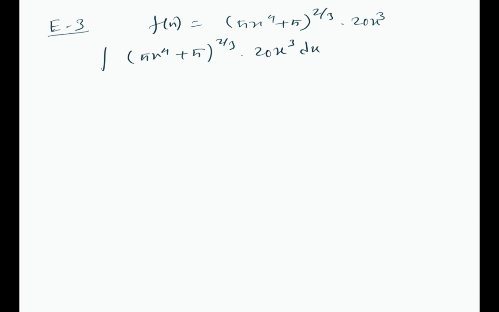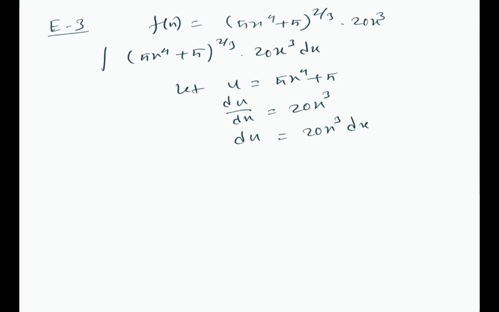Okay, now we need to choose our u. So let u be equal to 5x^4 + 5, right? So the derivative of u with respect to x would be 5 times 4, which is 20, 4 minus 1 is 3. So du is equal to 20x^3 dx.